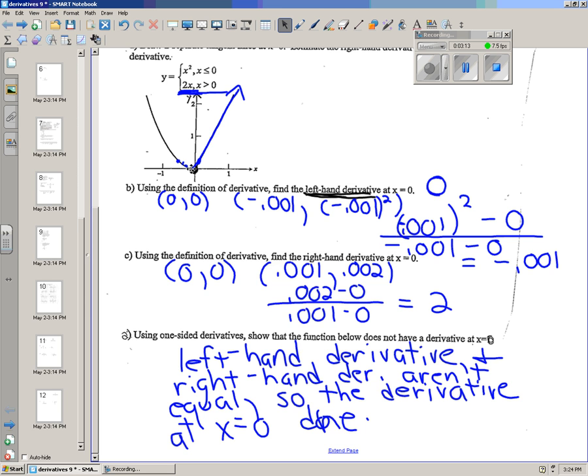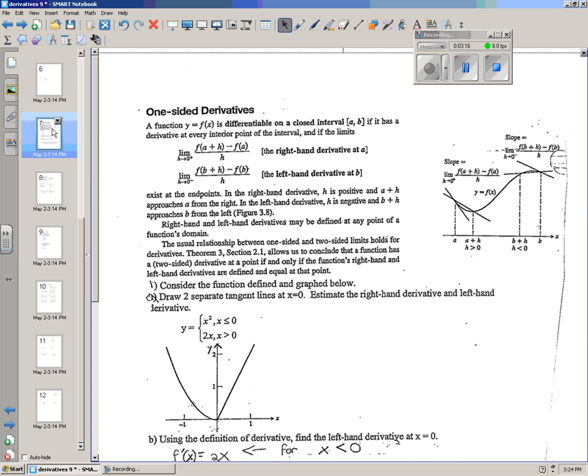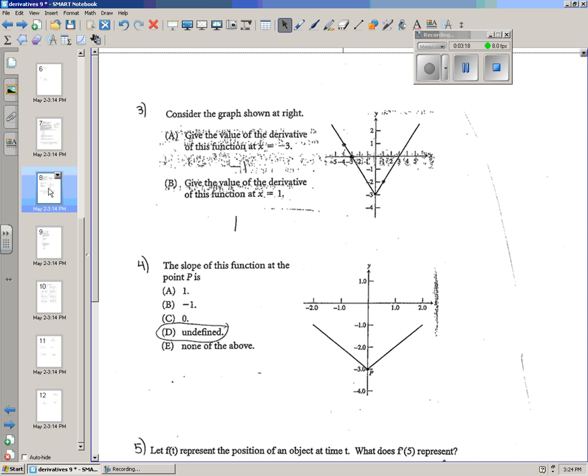Okay, so now let's look at the next page and look at some other examples. So we're interested in the derivative, or the slope, at x equals negative 3. Well, we can see that we have a line here, and the slope along a line is always the same. So you can see here just by counting, we count over 3, down 3.